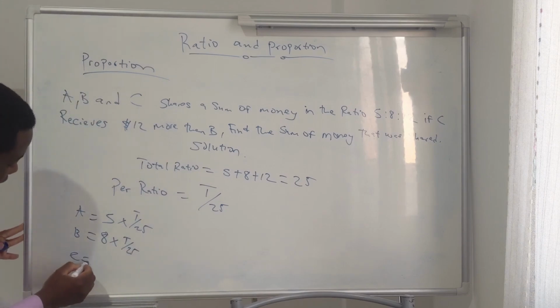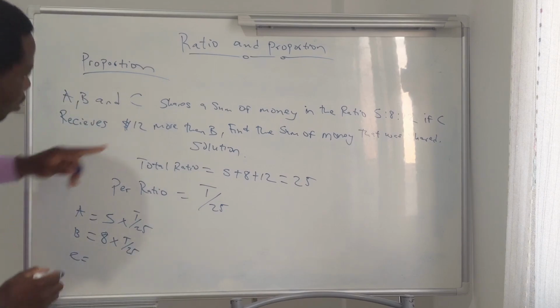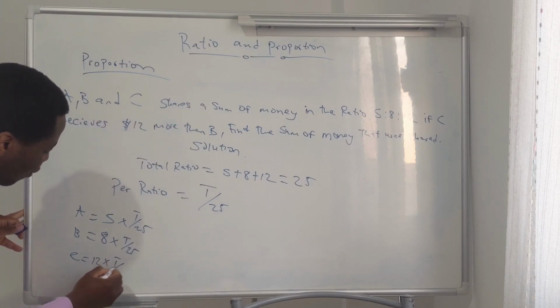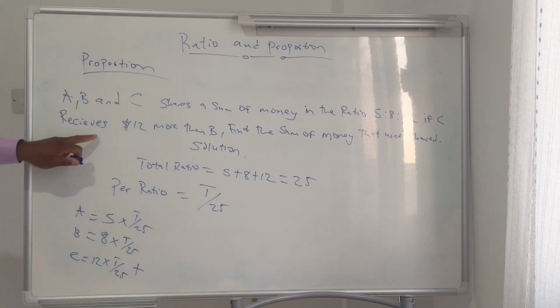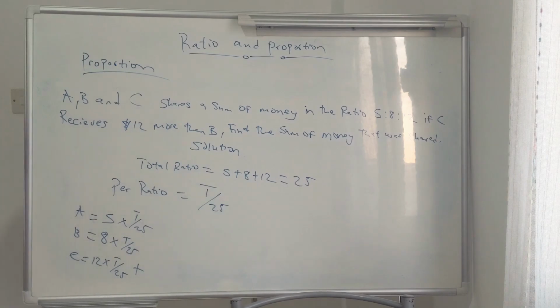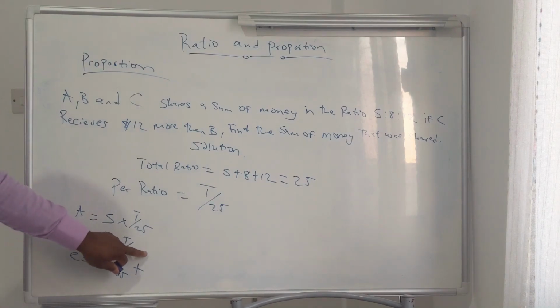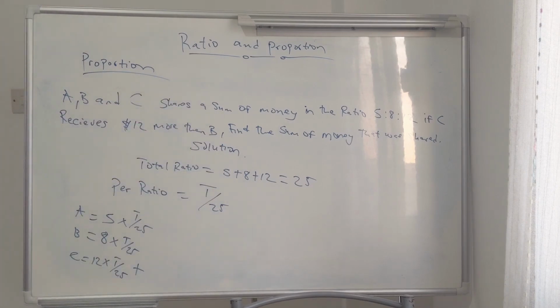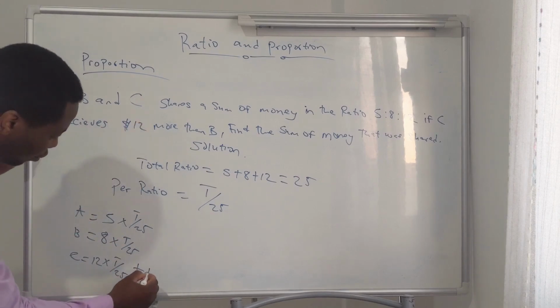Then C shared, what's the ratio of C? 12 multiplied by T over 25, plus, they say he received 12 more than B. What does that mean? Whatever the answer of B is, C received 12 more than B. So this plus 12.